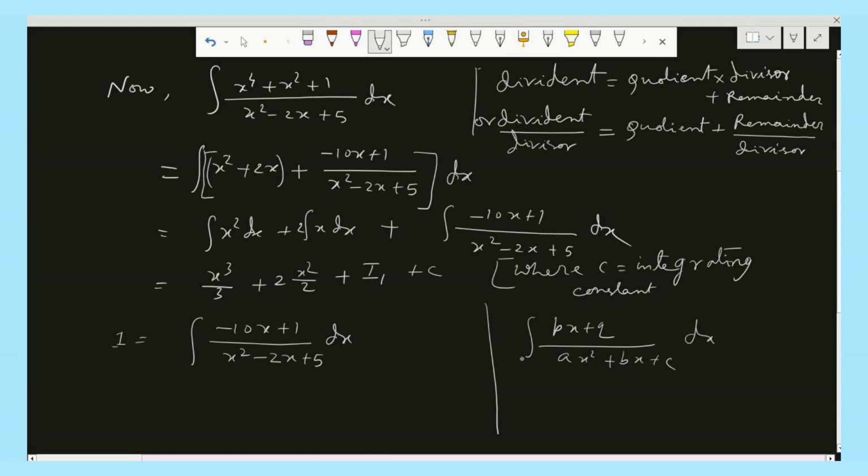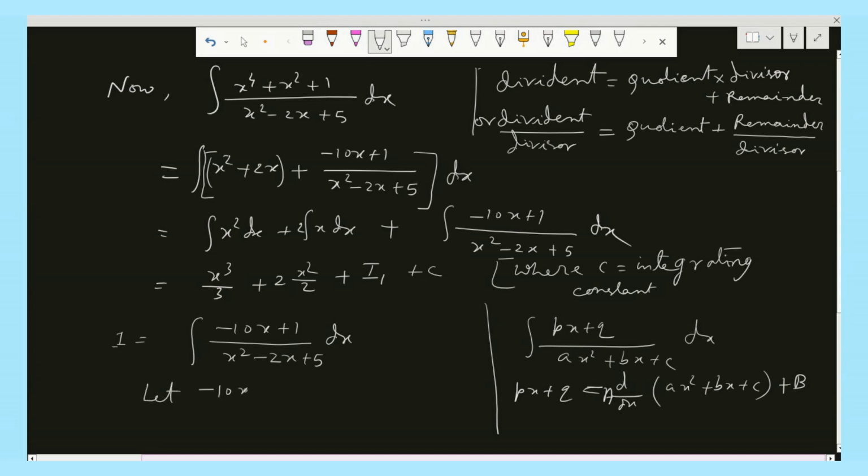How is it done? Express the numerator px plus q as some constant a times d by dx of the denominator ax square plus bx plus c, plus another constant b.